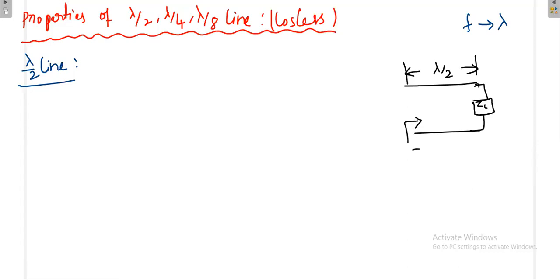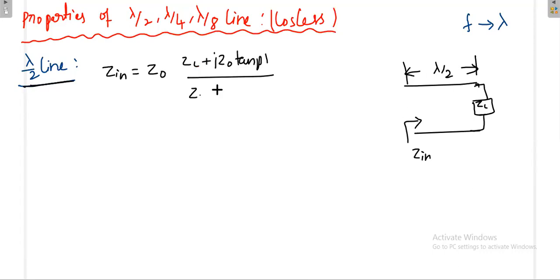With the load terminated with ZL, what happens to Zin, the input impedance? We are under lossless condition, so Zin is equal to Z naught times (ZL plus j Z naught tan beta L) divided by (Z naught plus j ZL tan beta L).